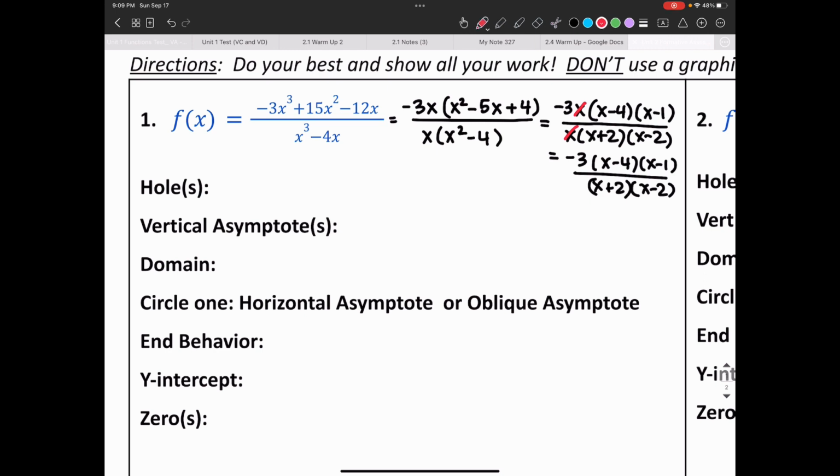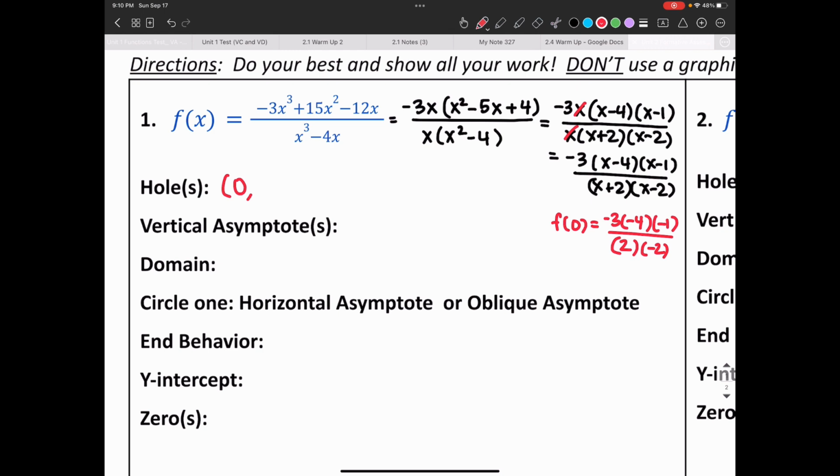So because something canceled, I know there's a hole where x is equal to 0, and then I just have to find what that hole would be. So I'm going to plug in 0 into this simplified version of my rational equation. So f of 0 would give me negative 3 times negative 4 times negative 1 all over 2 times negative 2.